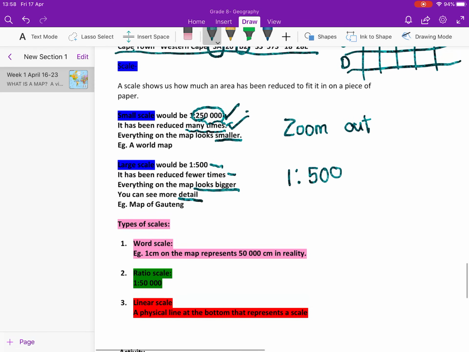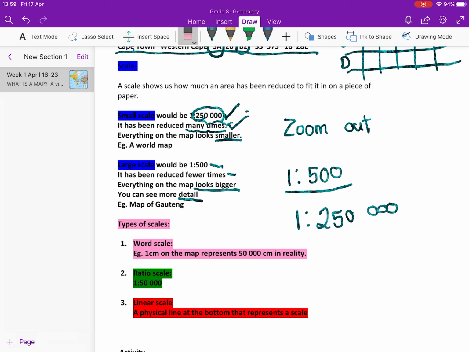So if I give you two scales, 1 to 500 and 1 to 250,000, and I ask you which one has a larger scale, you don't simply look at the larger number. That's not right.